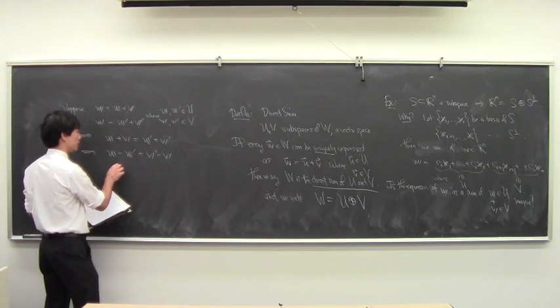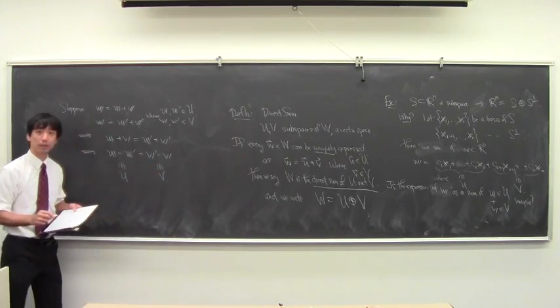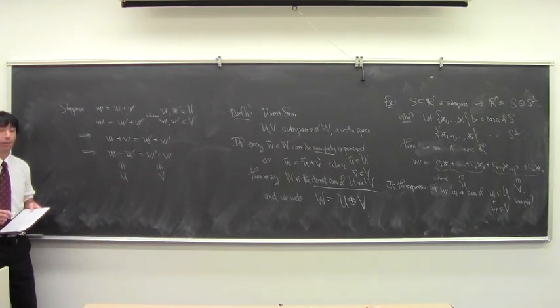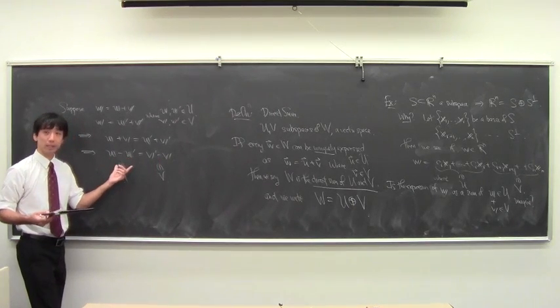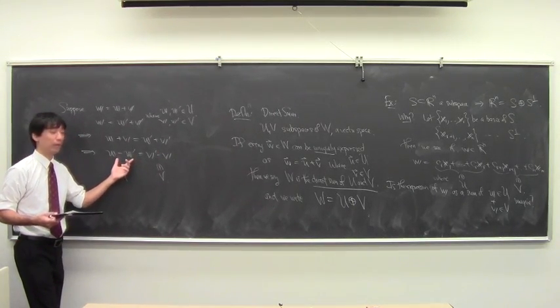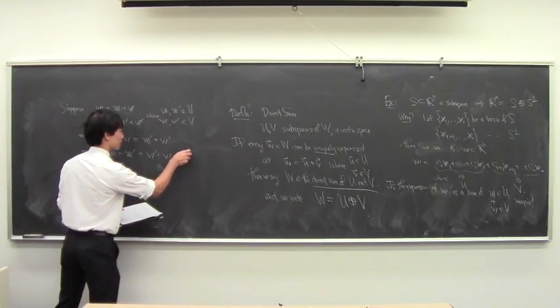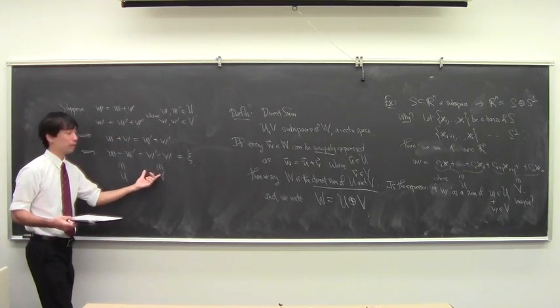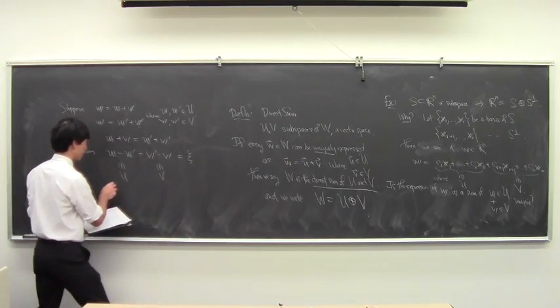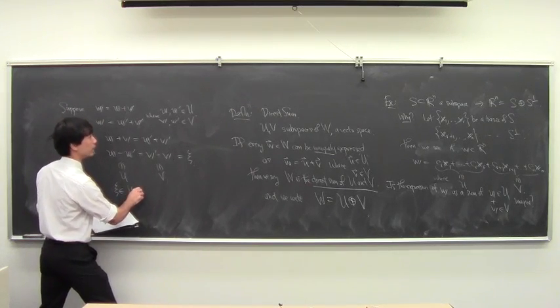Right, but this thing on the left lies in U, and this thing on the right lies in V. So as before, whatever this construction is, it lies in U, and it also lies in V. The thing on the left is the same thing as the thing on the right. You can give it some name, xi. Xi lies in U, xi lies in V, and so it lies in the intersection of U and V.